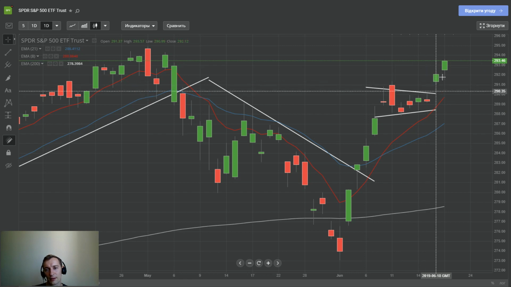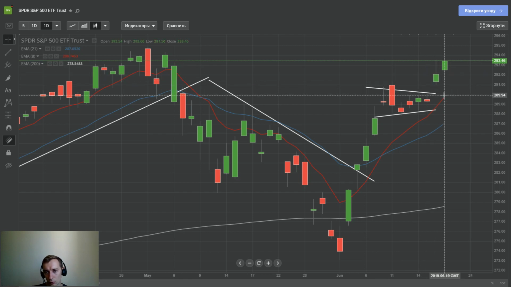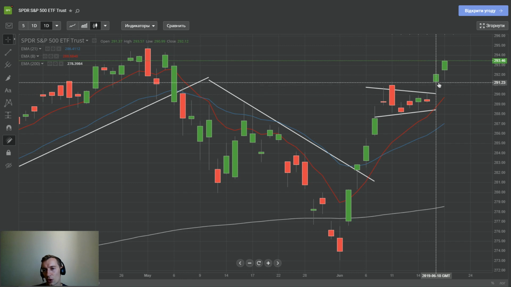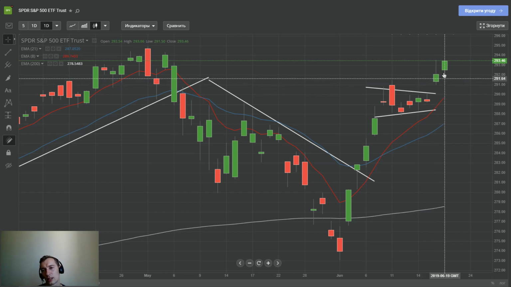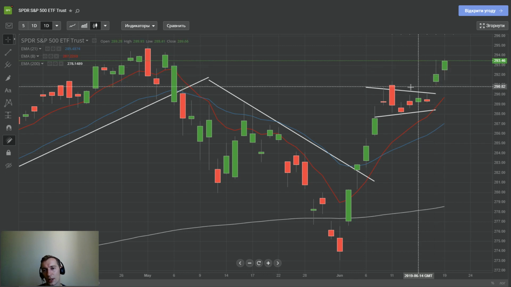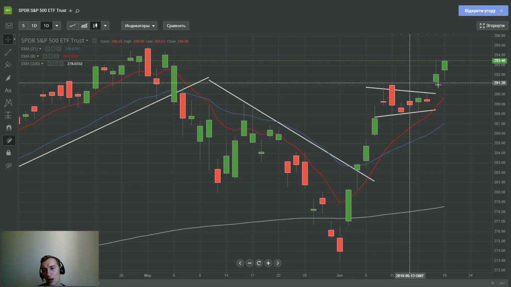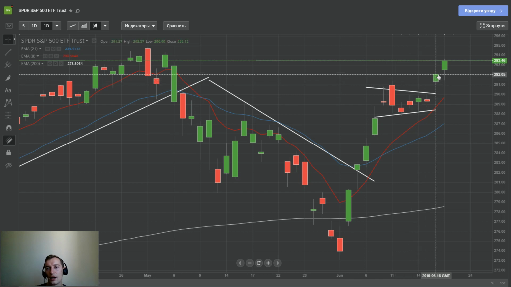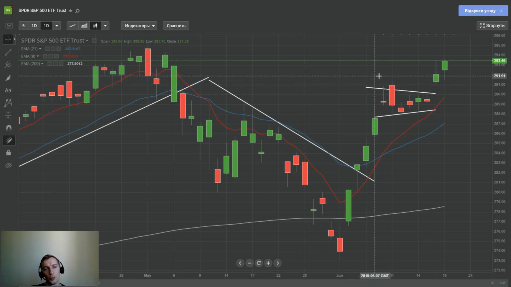And of course, with the Fed, we got what we expected. You can see that on Tuesday, we opened above this key resistance level 291, okay, and continued higher. This is what I call gap and go, because we gapped above resistance and buyers continued to show their commitment.